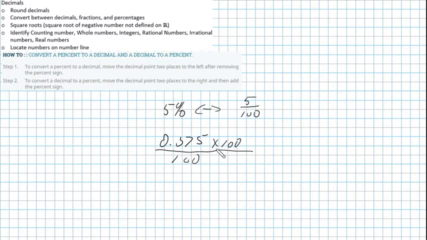If I multiply by 100 and divide by 100, or divide by 100 and then multiply by 100, in effect I have multiplied by 1. So the result of this then has to be the same, right? And so then this becomes what? 37.5 over 100, which then is of course then 37.5%.